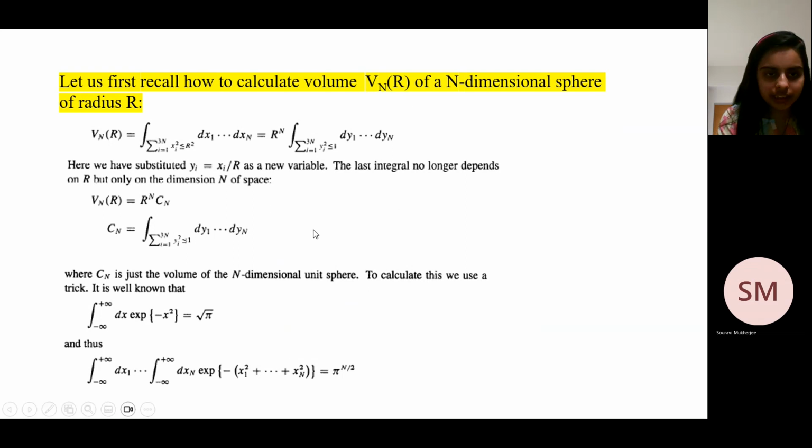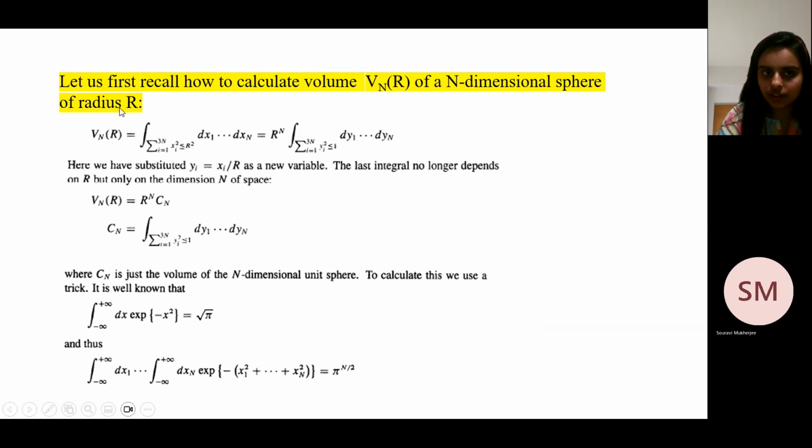I'm not going through the details, but if you remember, we did this kind of a variable transformation, and then we saw that the volume of an n-dimensional sphere has a form like this, where you have r to the power n, where r you can consider as the radius of this sphere.